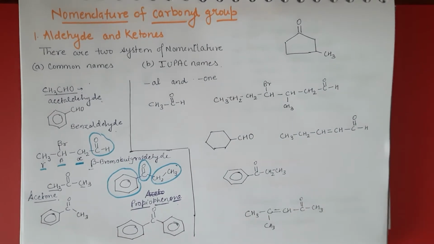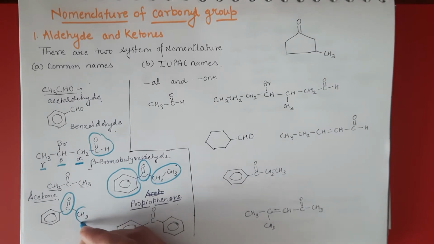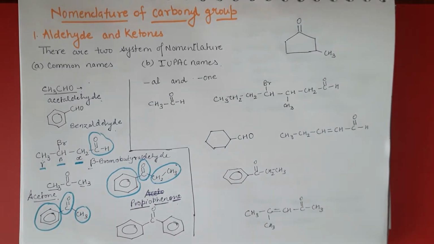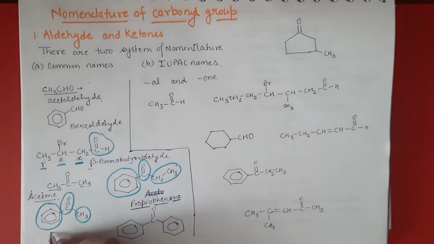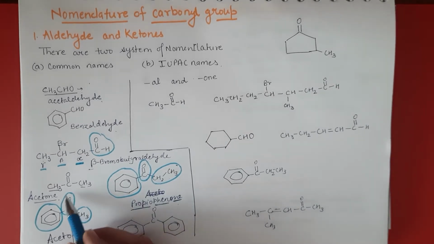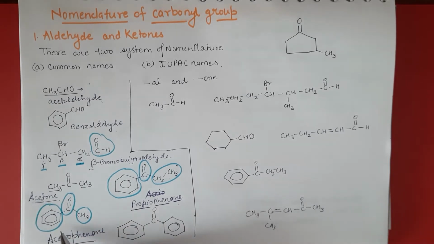Okay, here you can see CO group is attached, from one side it is attached to methyl and from one side it is attached to benzene group. So the name is acetophenone. Okay, COCH3 is aceto, and phenone is this phenyl ring.